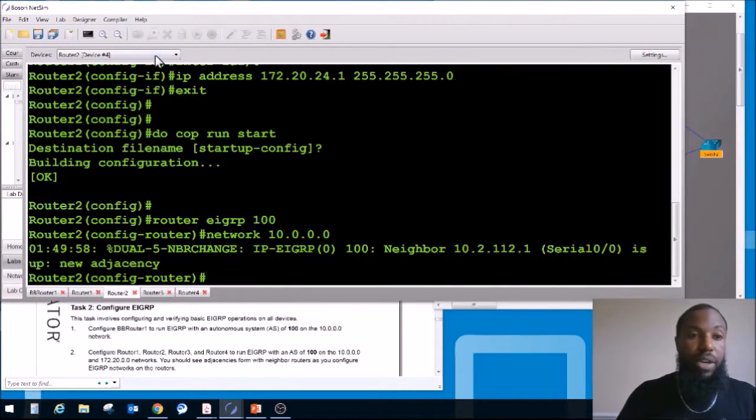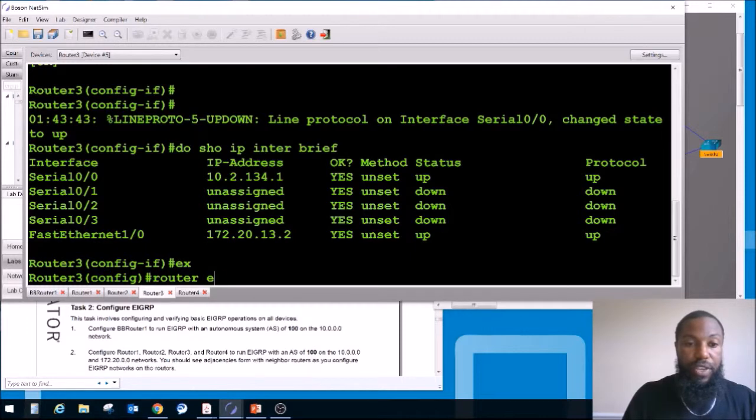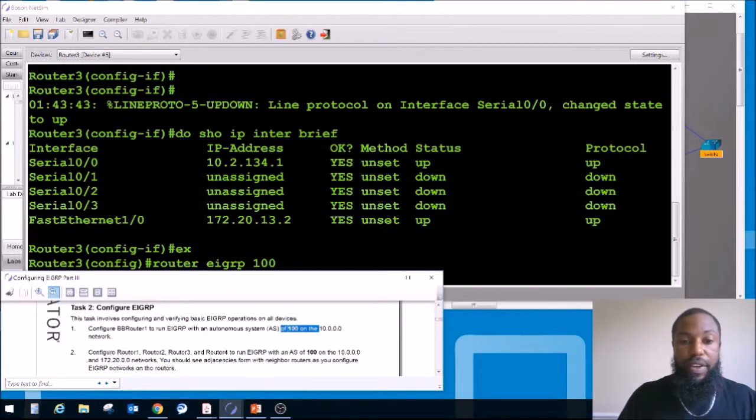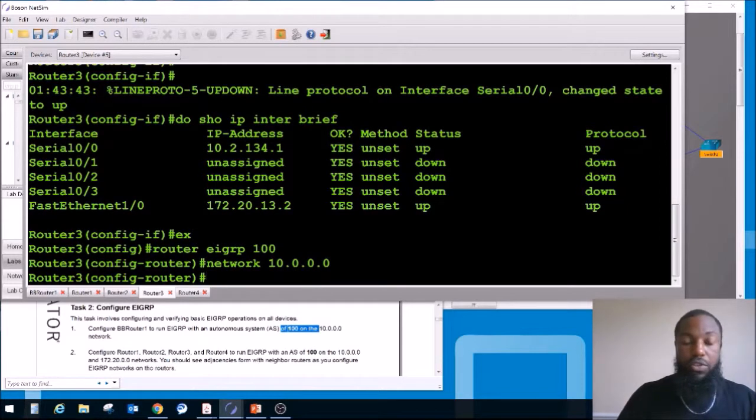We're going to go to Router 3, which is located over here. Notice it's behind the Frame Relay cloud. Router EIGRP 100. It was AS 100, wasn't it? Yeah, AS 100. Then network 10.0.0.0. We should see an adjacency.